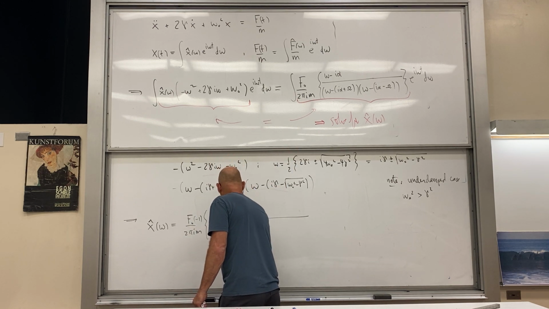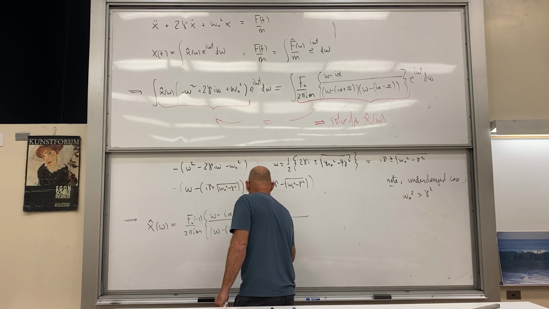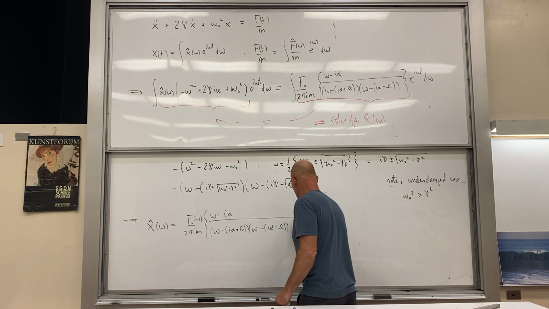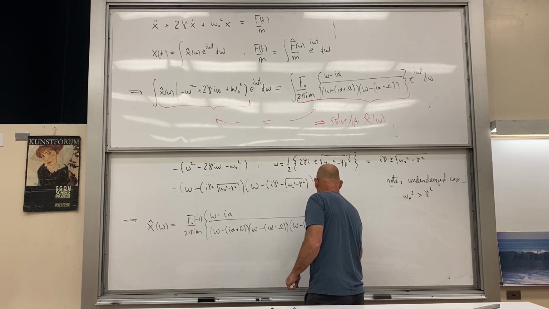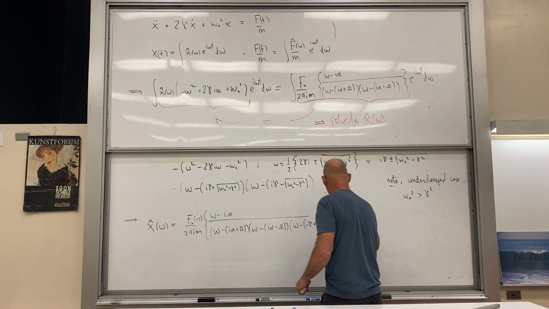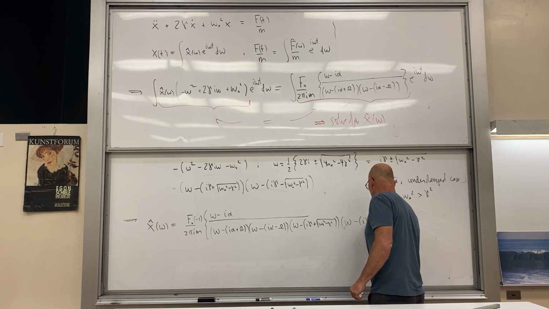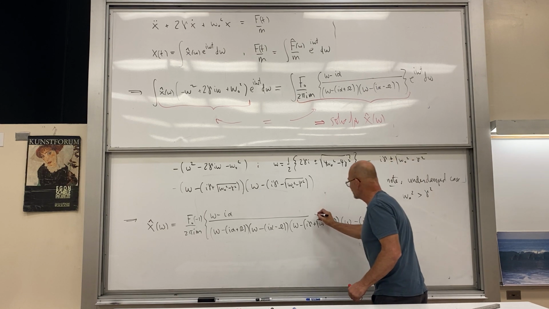Omega minus i alpha plus omega, omega minus i alpha minus omega. And then these two right here. Omega minus gamma plus the root of omega naught squared minus gamma squared, omega minus gamma minus the root of omega naught squared minus gamma squared. More than we wanted to know.